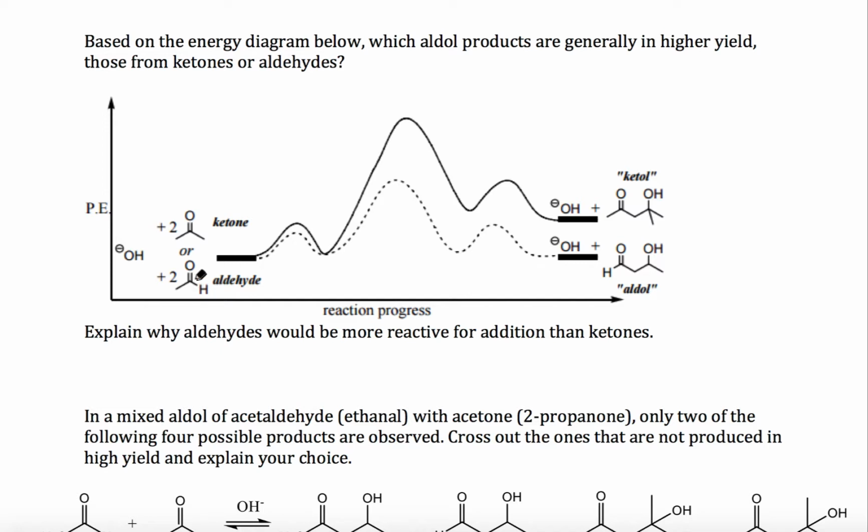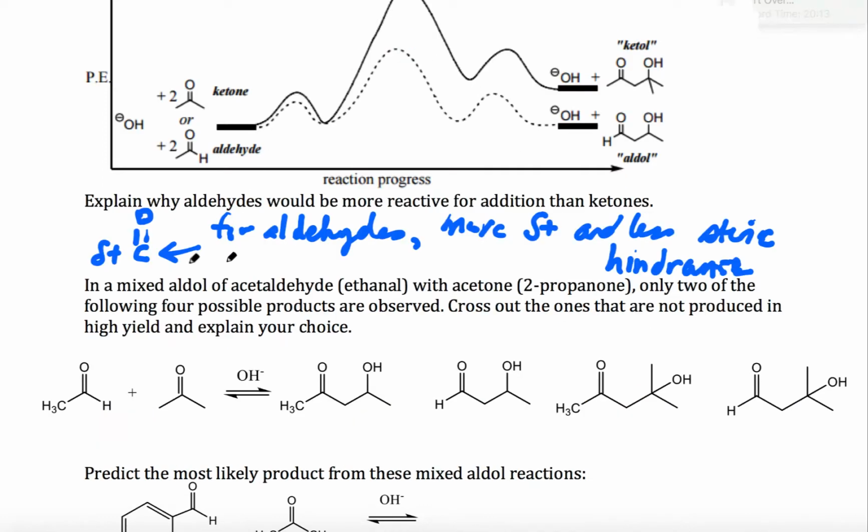We also know aldehydes are more reactive at the carbonyl carbon because there are fewer electron donating groups. So for both steric and electronic factors, aldehydes are greater electrophiles than ketones are. So for aldehydes, this carbon is more electrophilic, meaning more partial positive for attack, and also less steric hindrance.